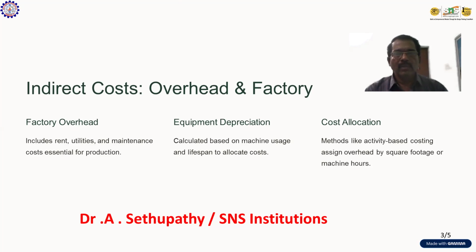For example, for a milling machine, the machining cost will be calculated by the hour, per hour 250 rupees or per hour 400 rupees. This is the cost allocation method. For employees, that is laborers, they work an 8-hour shift at per hour 100 rupees or per hour 200 rupees. So the cost allocation is based on the hourly rate.